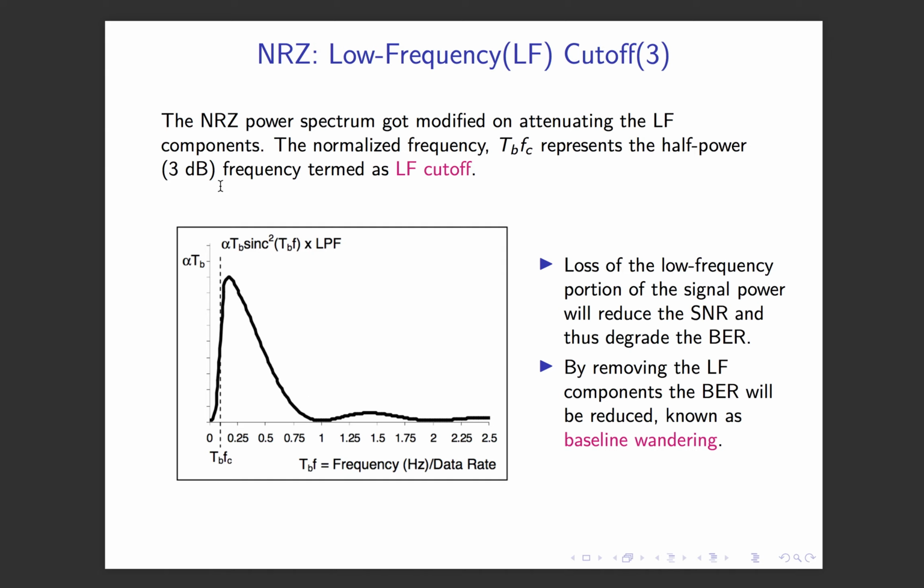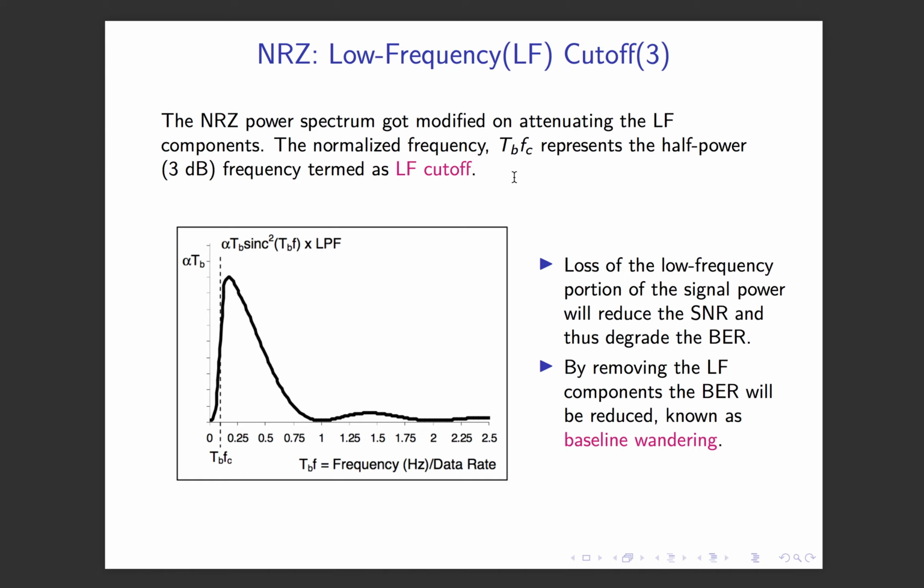We know that the half power frequency means we are checking the frequency at 3 decibels. We covered this in the classes on distortion and attenuation. This frequency is termed the LF cutoff, which is the low frequency cutoff.